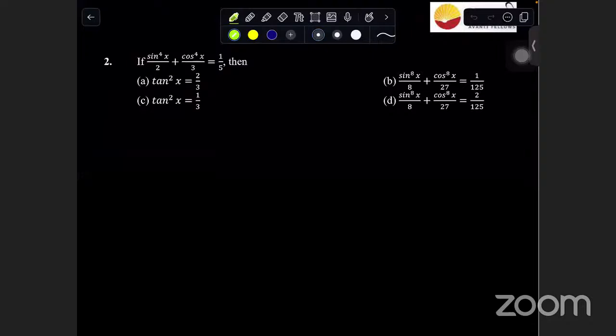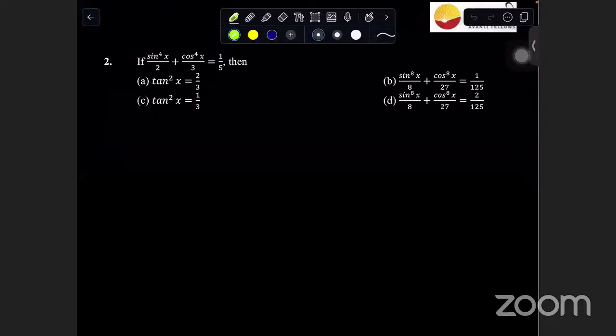Can you please unmute yourself? JNV Kopal? Well, I think you guys might not be able to unmute yourself. So, let's start.